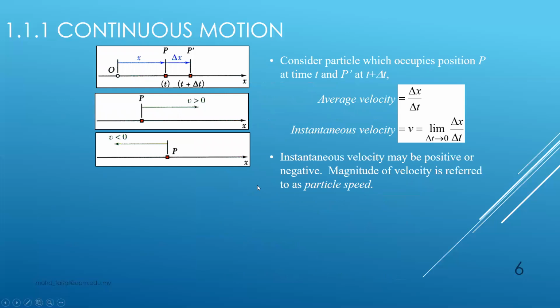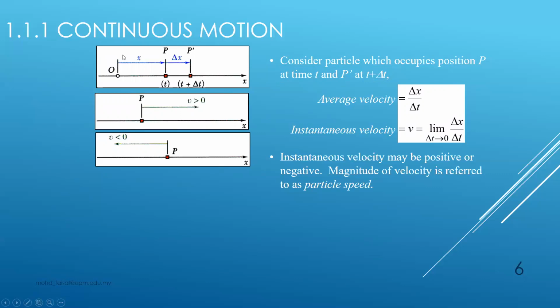Now we consider a particle which occupies position P at time t, and we denote the new position as P prime because P has moved from one place to the other, over another delta t.